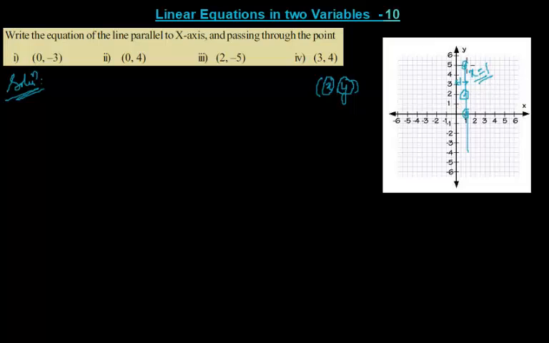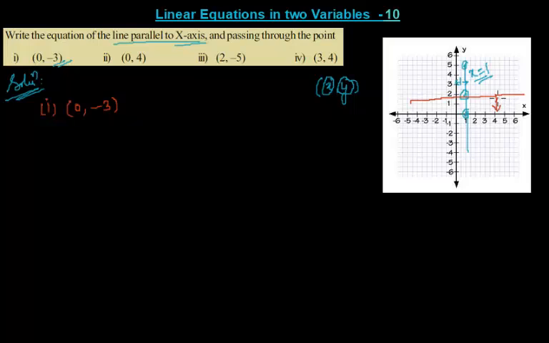Now with this concept, we'll try to solve this problem. See, it is asked the line parallel to x-axis and passing through these points. Now let us start with the first one. The first one is 0, -3. Parallel to x-axis means we have to see that the line is equidistant from x-axis.